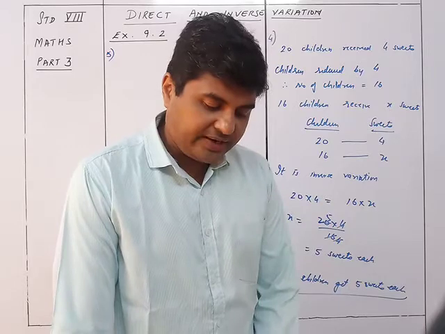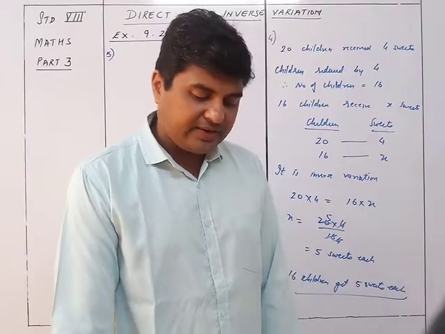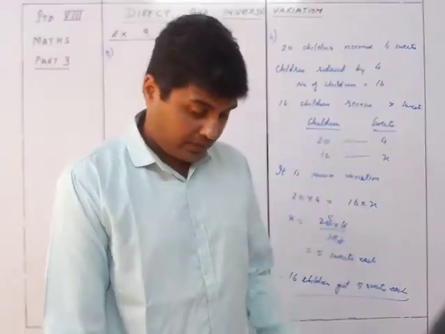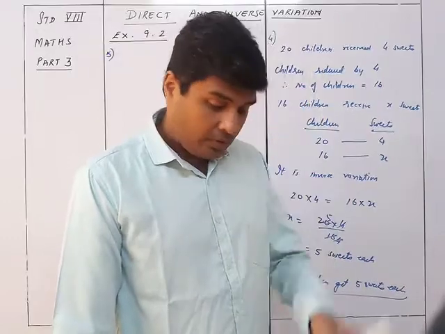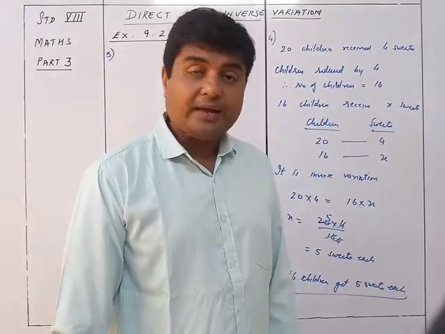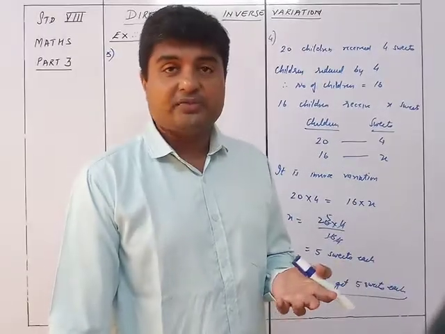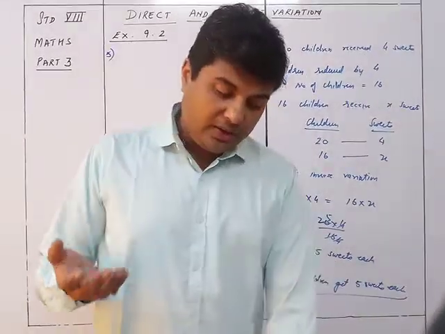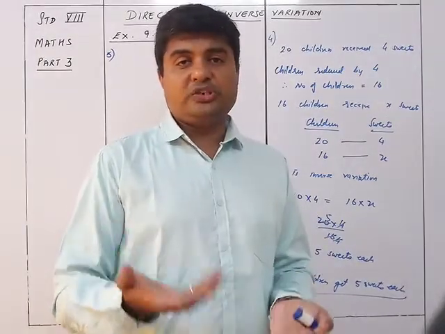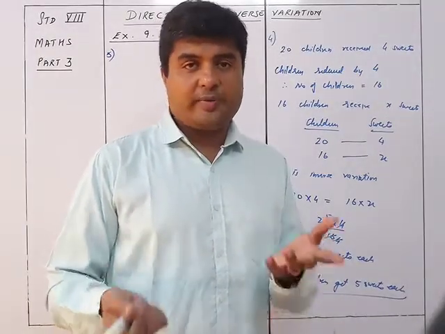How many oranges can she buy if the price of each orange is increased by 90 paisa? Okay, so we know very well that if she has enough money to buy 36 oranges, and the cost of the oranges is going to increase, the number of oranges she is going to get will decrease. So accordingly it's an inverse ratio.